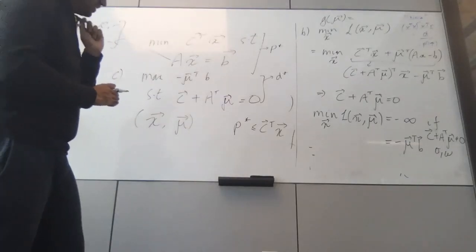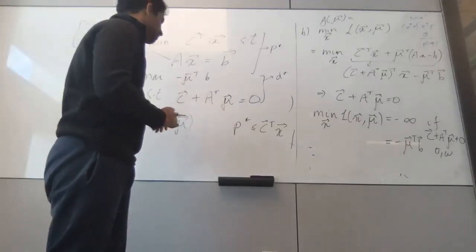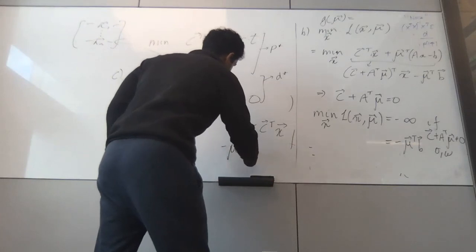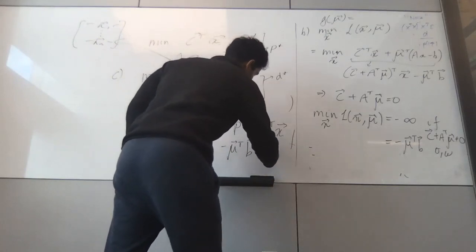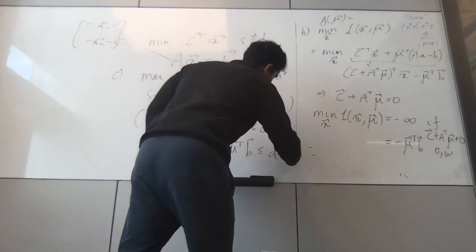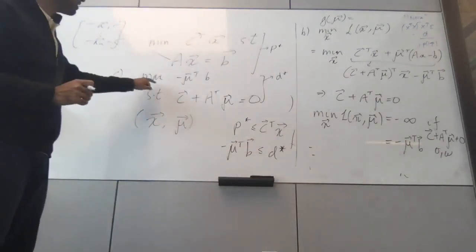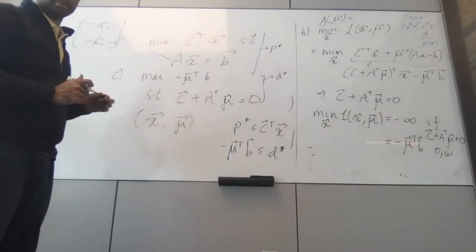Yes. And since mu is a feasible point for the dual, you know that minus mu transpose B is less than or equal to the dual optimum, right? Because the dual is a maximization problem over mu.